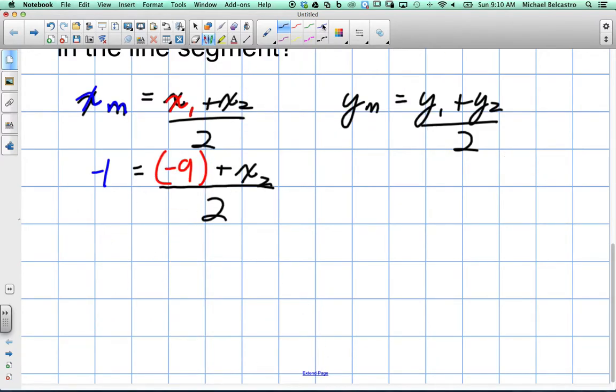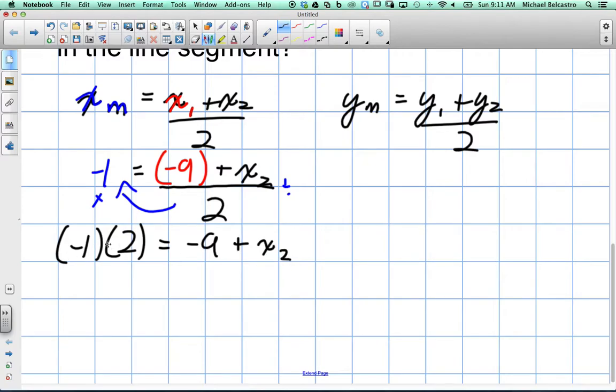So let's work out our x value first. Because we want to isolate our x value, we're going to move the 2 over. Because this is a division, we're going to multiply by 2. So this will read -1 times the 2 here is equal to -9 plus x2. -1 times 2 is -2. And we need to move our -9 to the other side of the equation.